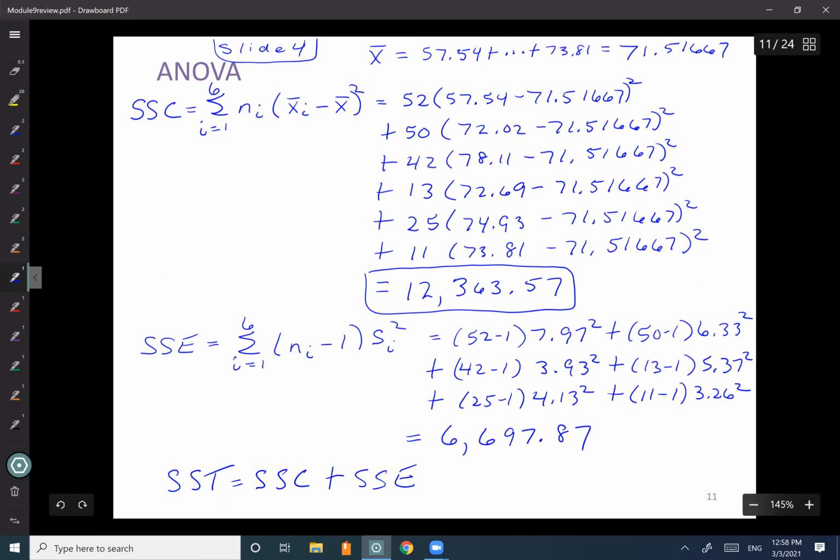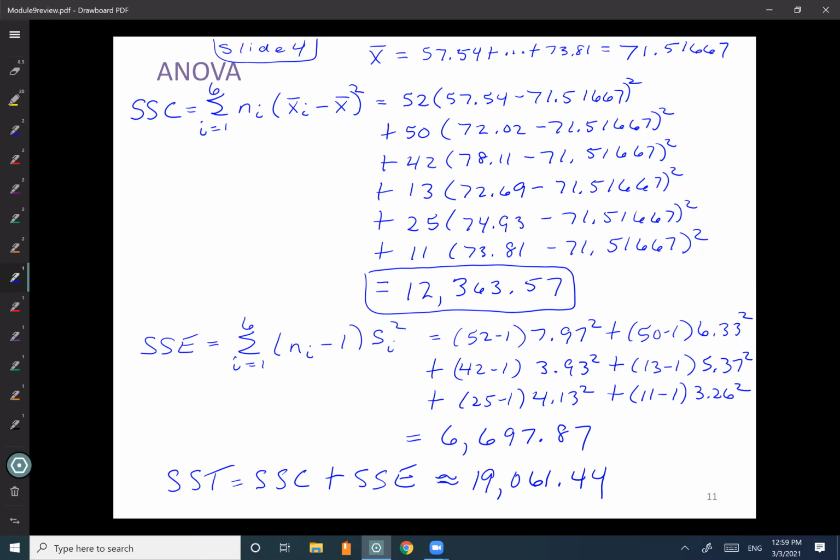So the sum of the squares for the total comprises those two sources of variation, the variation between the groups and the variation within the groups, and the total is, I'm going to change this to, approximately 19,061.44. So all of the calculations have been made.